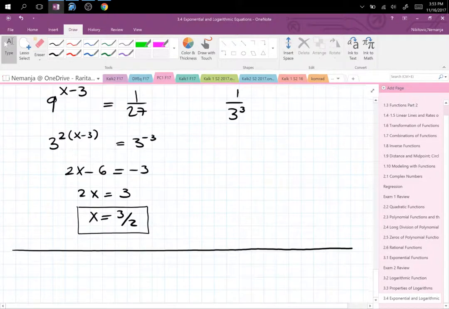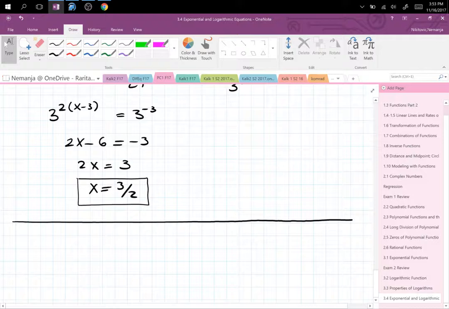The issue is when you cannot compare, you use conversion. So 4 raised to x minus 6 is equal to 9.